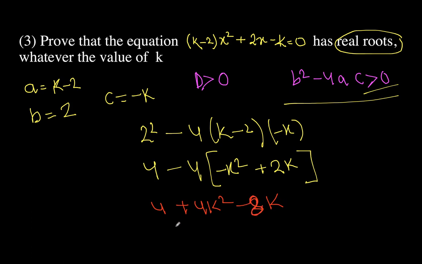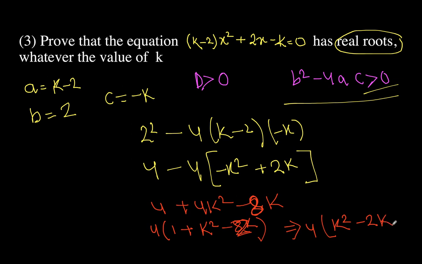Okay, so now what you can do here, you can take 4 outside, 4 as a common, and you'll get 1 plus k square minus 2k. Okay, I will arrange this one a little bit. Inside the bracket, because I have taken 4 outside, this will become k square minus 2k plus 1. Okay, now we have done everything.